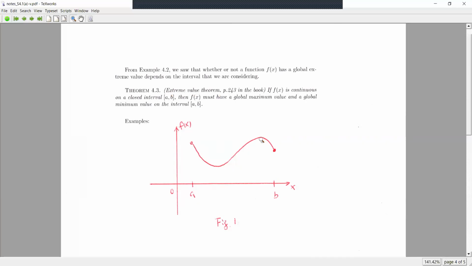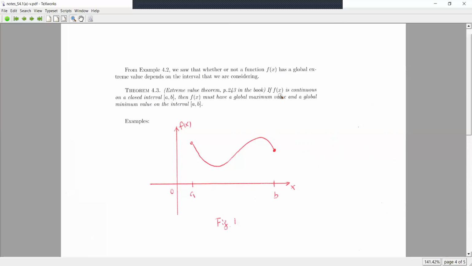This point is the highest point, so the function value at this point, the y coordinate, is the maximum function value. This point is the lowest point, so the function value at this point is the minimum function value. Guaranteed.